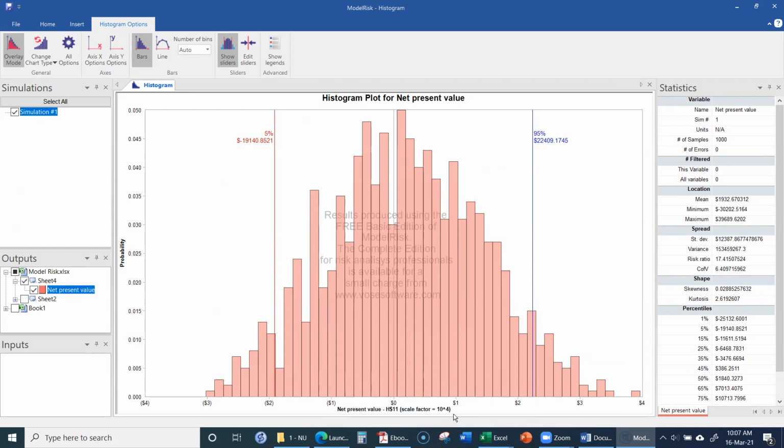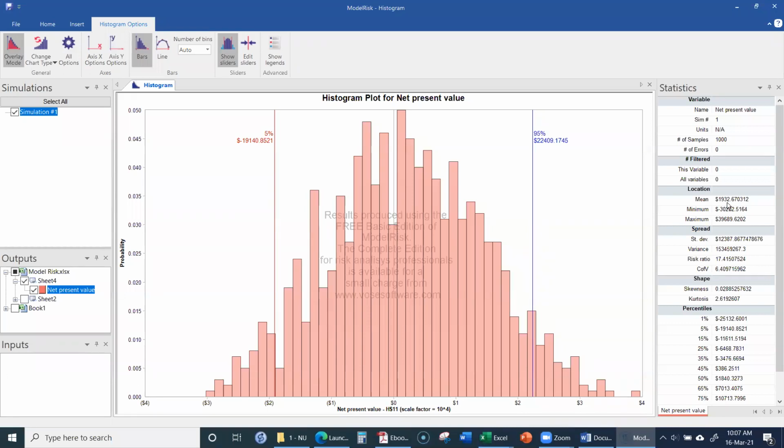So in this case, what we can see is this is the distribution. First of all, we can look at some of the statistics over here. The most common statistic we are concerned with is the mean value, which is shown as $1,932.